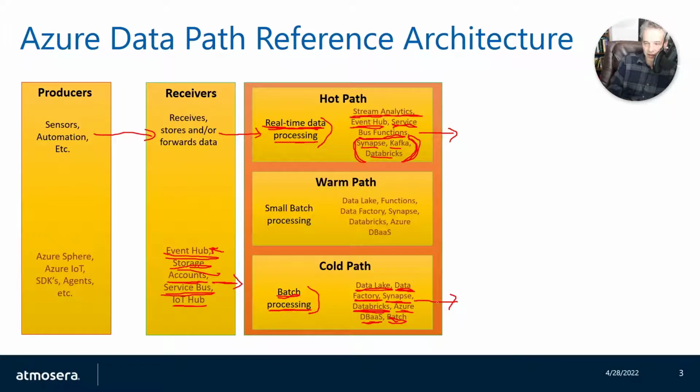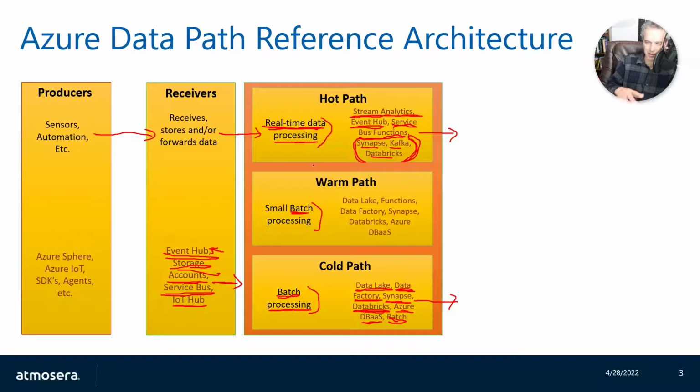There is another one that's in between that a lot of folks like to mention, and it's called WarmPath. Now, WarmPath on Azure is batch oriented like ColdPath, but the time box on this one is typically what you might get with HotPath.